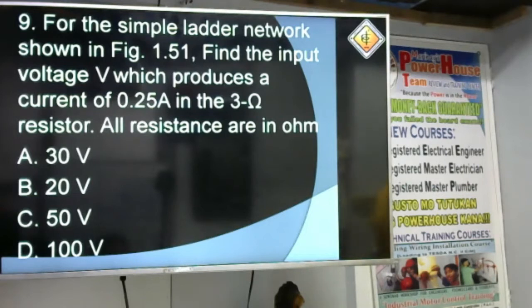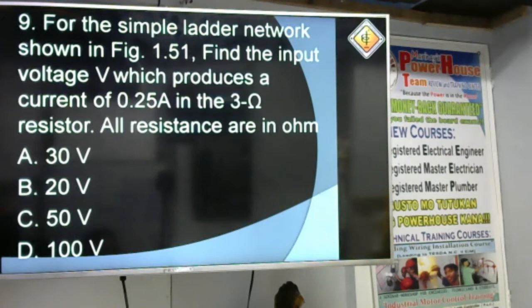So we have here 7 ohms, 5 ohms, 1 ohm, 3 ohms, 3 ohms, 2 ohms, 6 ohms, 8 ohms, 8 ohms, then 9 ohms here.